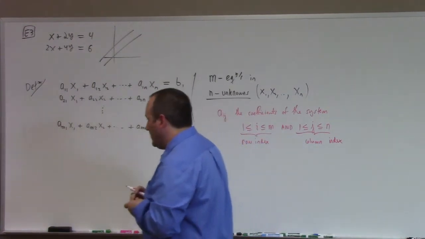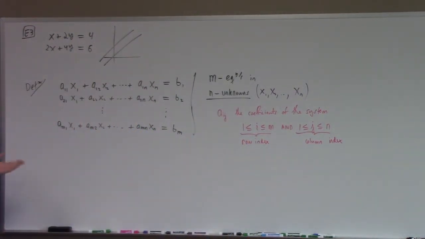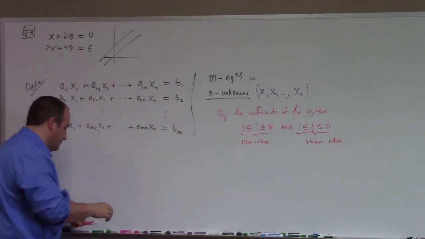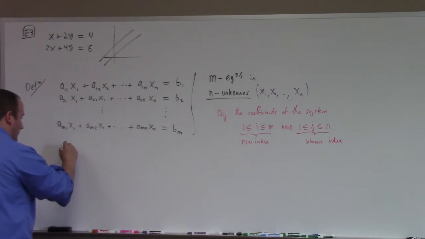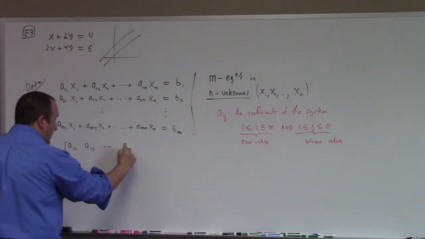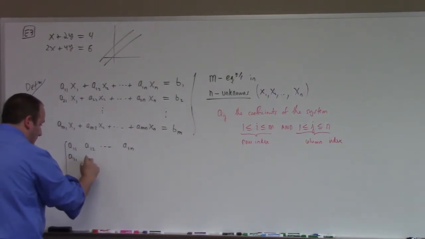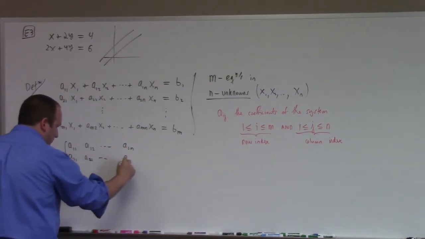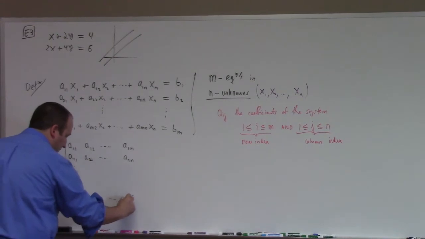All right. So this system of linear equations we can rewrite as what's called a matrix column multiplication, and it's just this. So we have a11, a12, a1n, a21, a22, a2n, and so forth on down the line, am1, am2, amn.